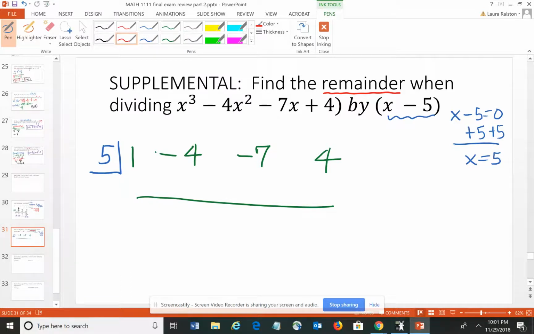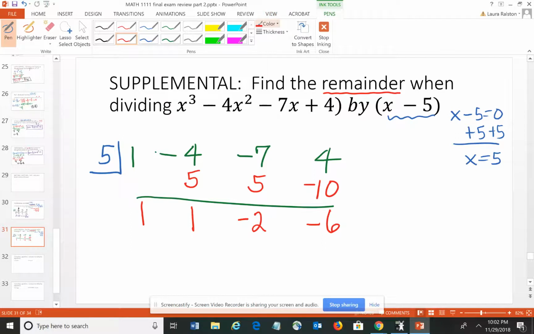Okay, we drop the 1. 5 times 1 is 5, plus negative 4 is positive 1. 5 times 1 is 5. Negative 7 plus 5 is negative 2. 5 times negative 2 is negative 10, plus 4 is negative 6.